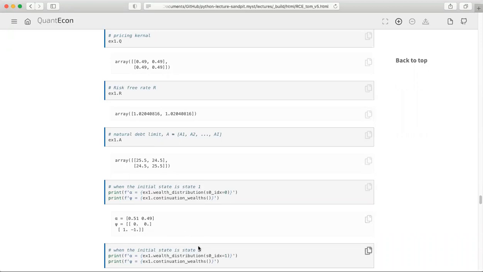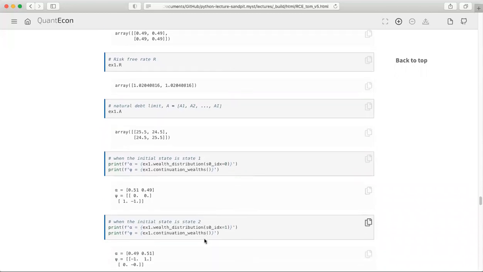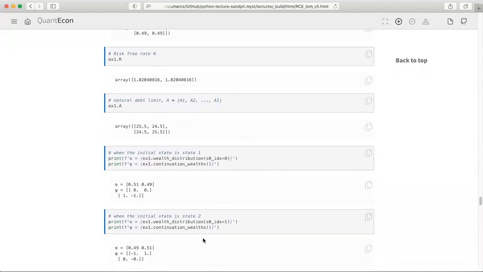Okay, so what happens if we start in state 2? Look what happens here. These flip. Oh, now what happens is the second person is better, has more to consume ever more.